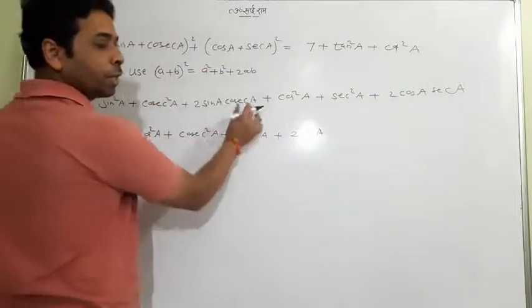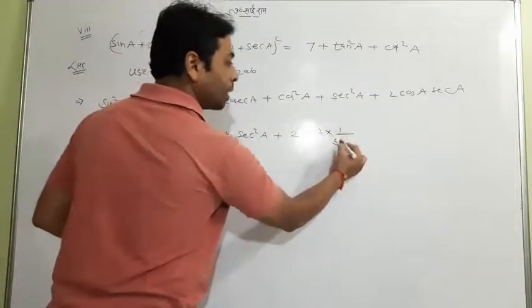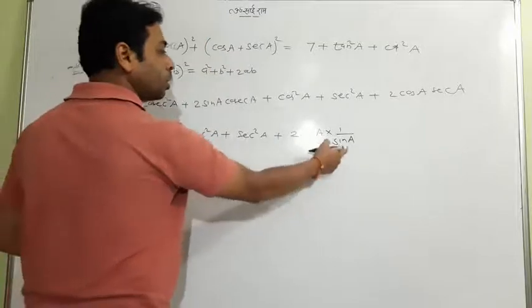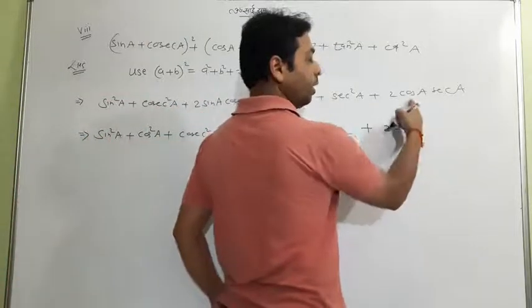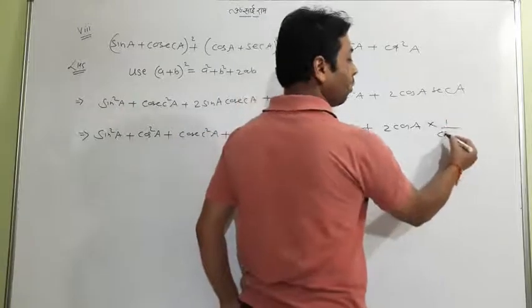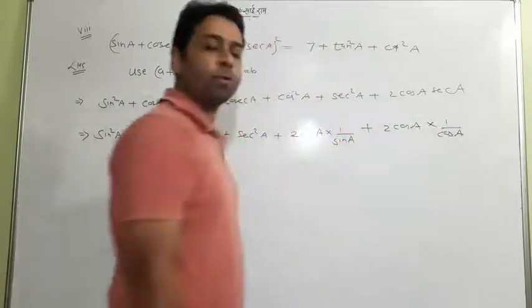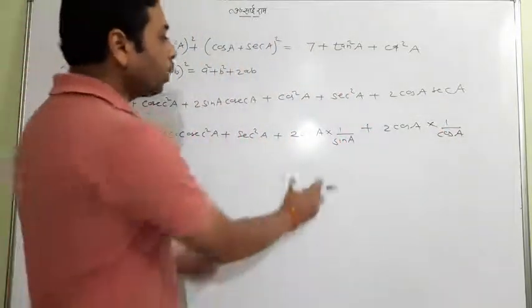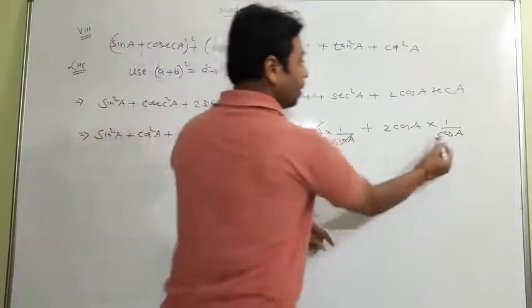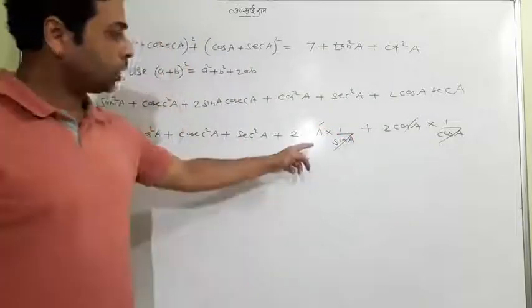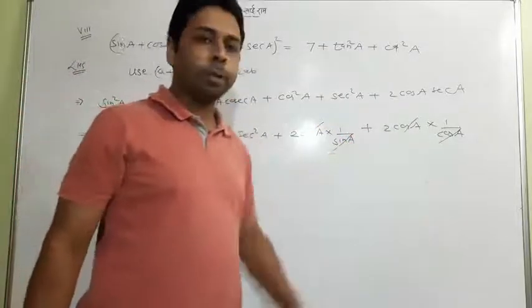Instead of cosec a I will write 1 by sine a, because cosec a is a reciprocal of sine, and 2 cos a sec a, instead of sec a I will write 1 by cos a, because sec is a reciprocal of cos. Look at the term here, it is a multiplication, these two will cancel and these two will be cancelled, because definitely it is a multiplication.